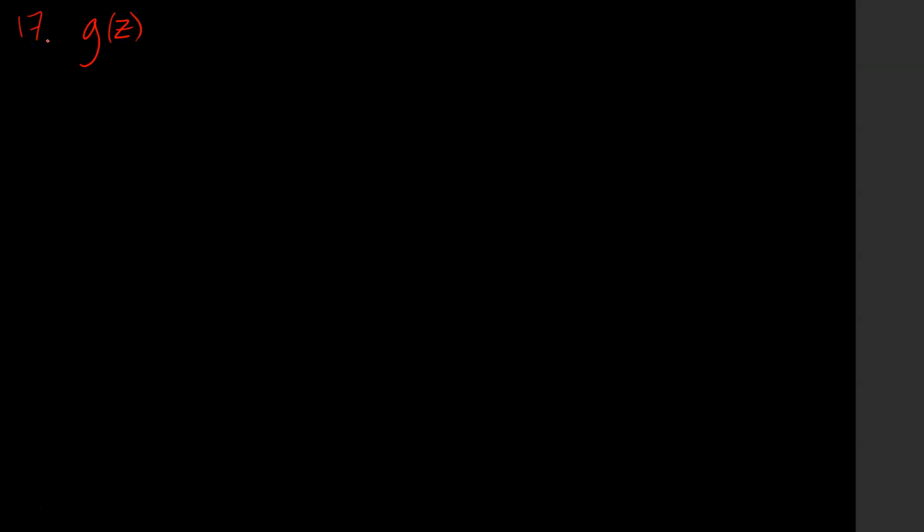Almost there. Number 17, g of z is az squared over a squared plus z squared. Z is the input variable, and a is assumed to be a constant since a is a letter at the beginning of the alphabet.